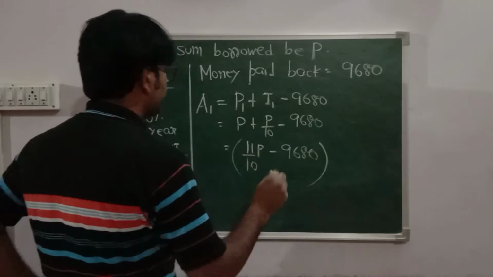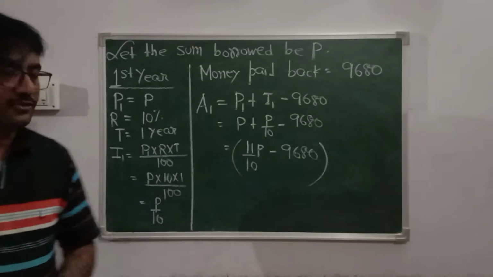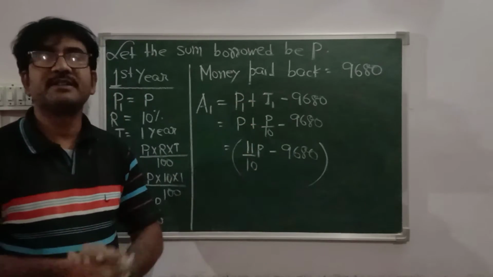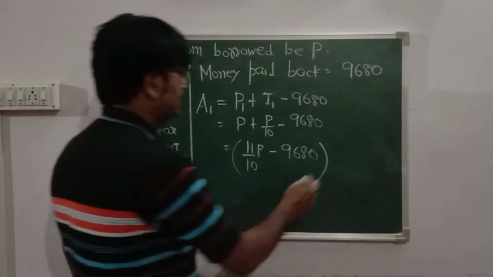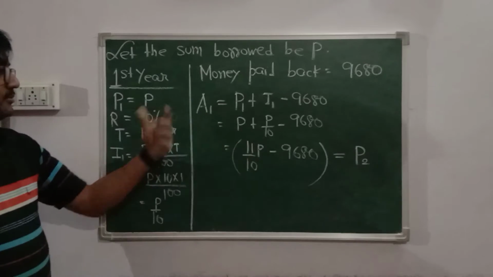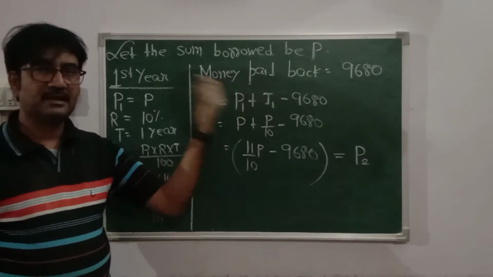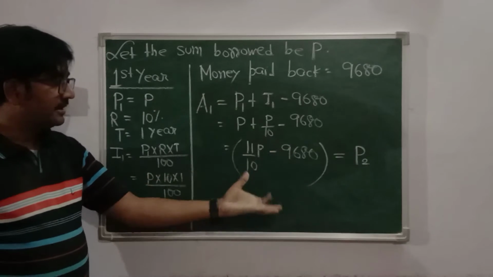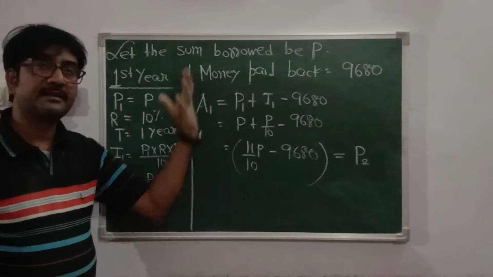This is going to be the principal for the next year, that is P2. The amount is generally P1 plus I1, but then 9680 is subtracted from it, so we got this as the principal for the next year.